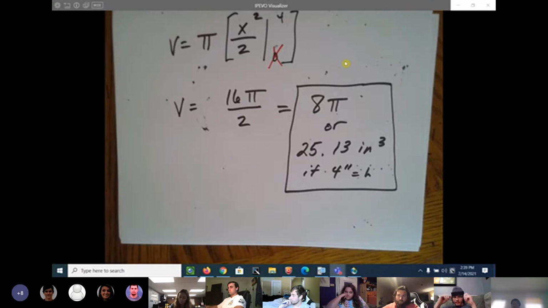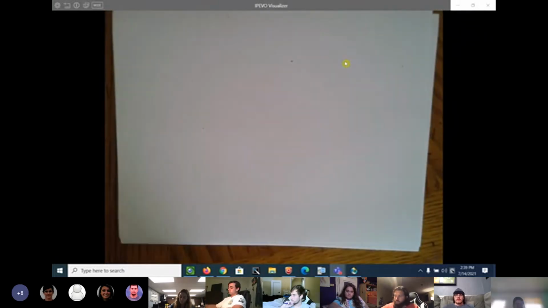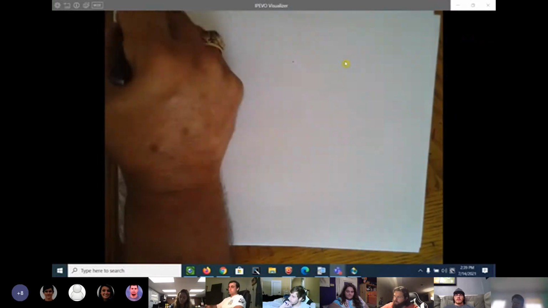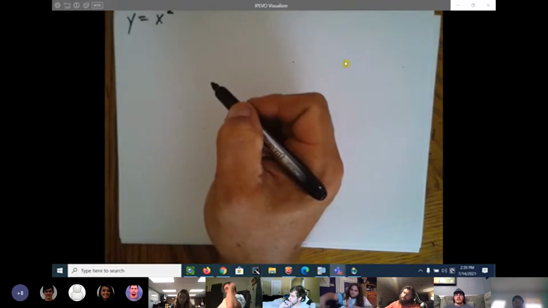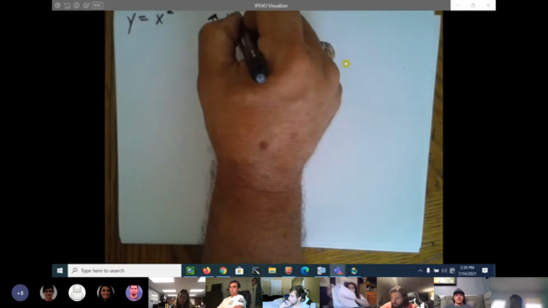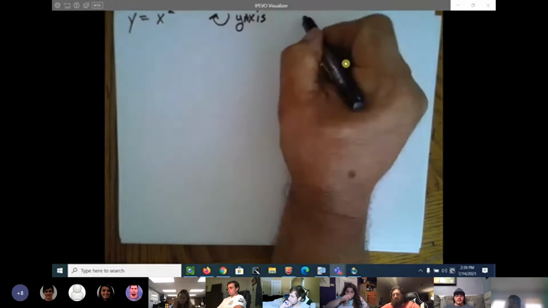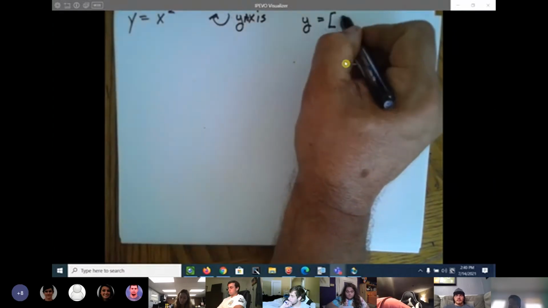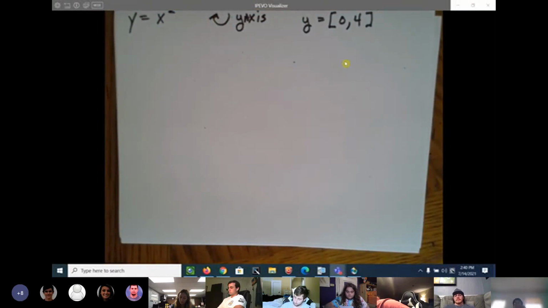Well, what happens when you don't rotate around the x-axis? Then you quit, right? No, you rotate around the y-axis. Draw a picture.